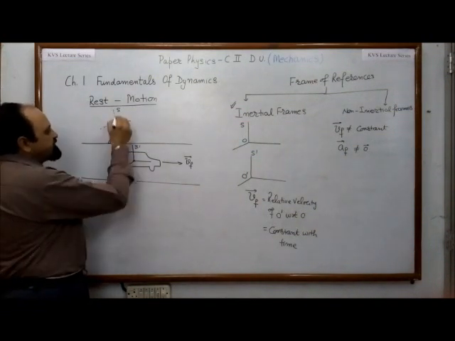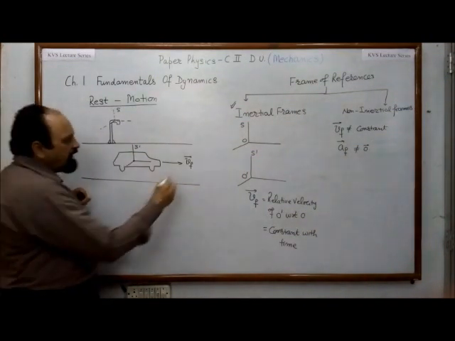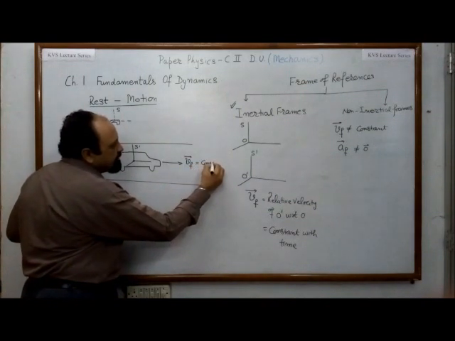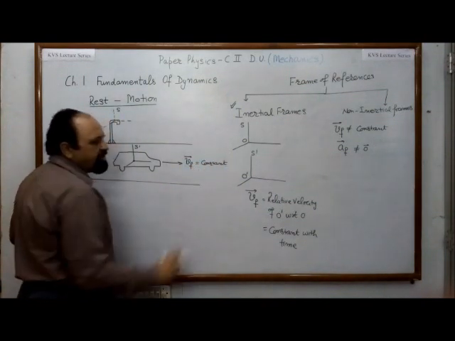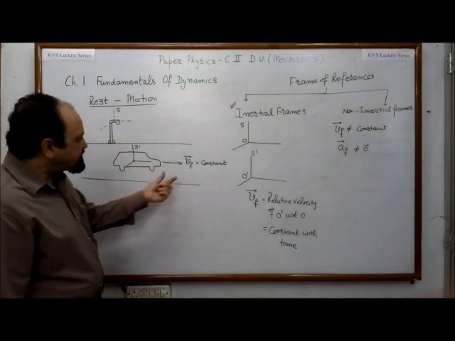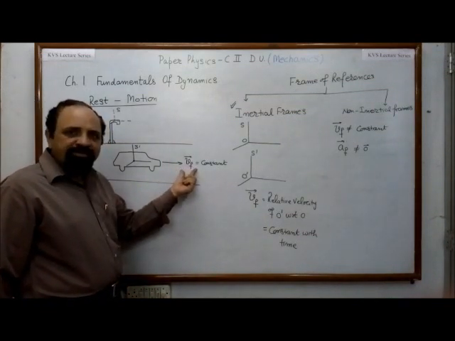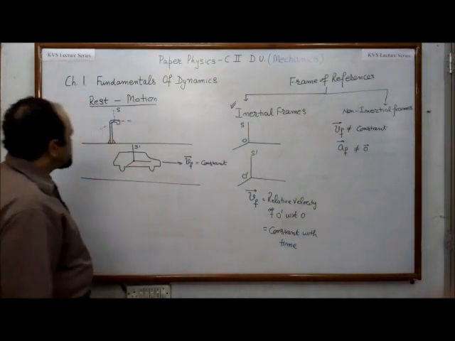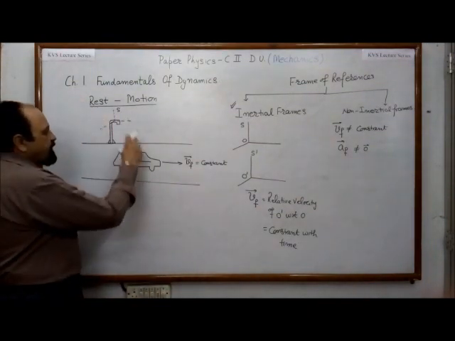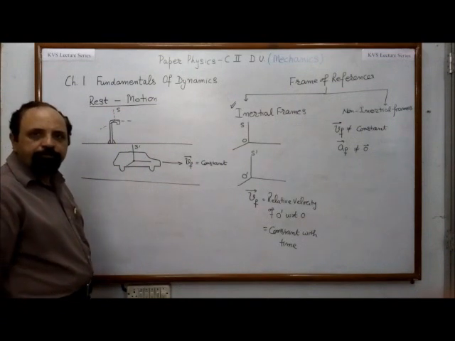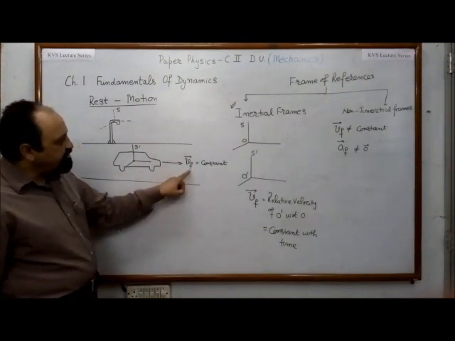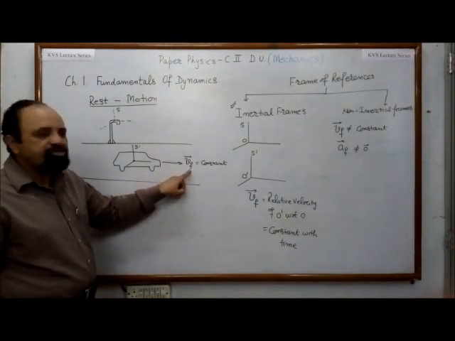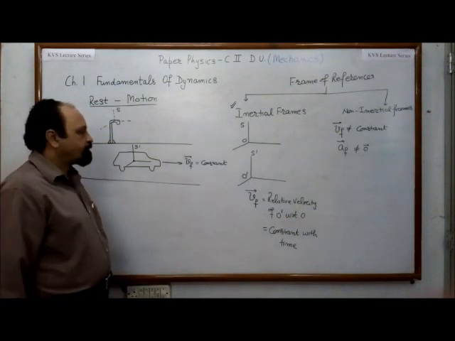This is the S dash frame, and this is constant. When I say this is constant, I mean that its magnitude and direction both remain the same with time. These frames are inertial frames because their relative velocity is not changing with time as per the definition.